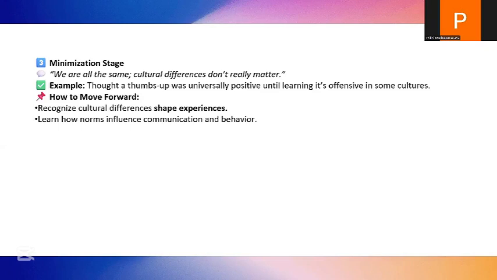You have to overcome that. Then you go for recognizing cultural differences, and you have to shape the experiences, see the differences there and adapt to it, right? And then learn how norms influence communication and behavior.